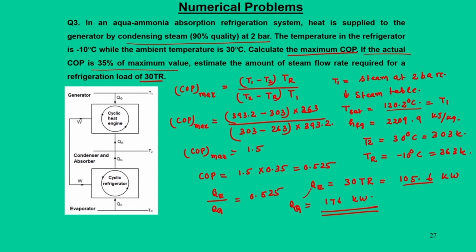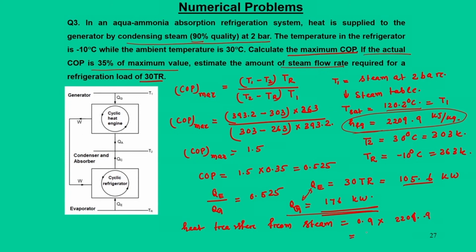Okay. So QE and QG are in kilowatt, but we require the steam flow. So for the steam flow we have to use the steam quality, which is 90%. So for the actual enthalpy value, the heat transfer from steam would be 0.9, which is the quality of the steam, multiplied by its enthalpy 2201.9.